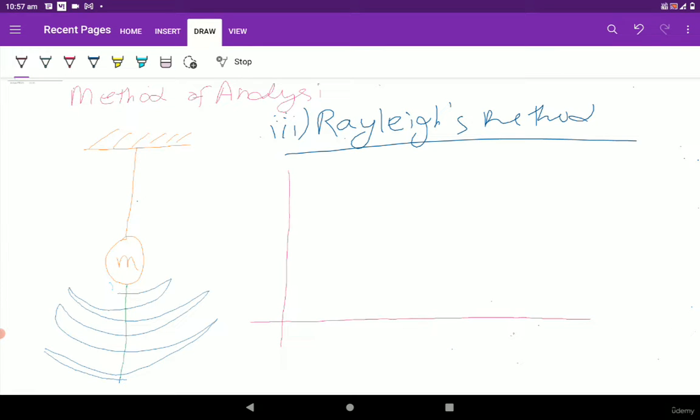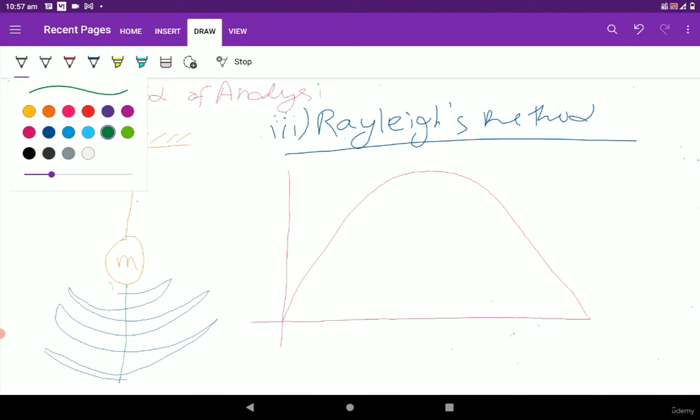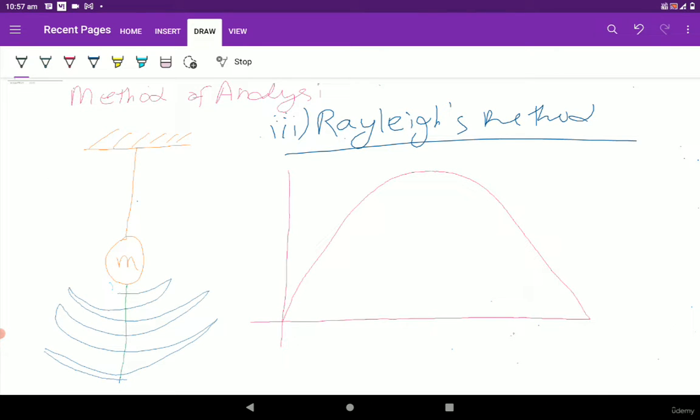For kinetic energy, the graph looks something like this, and for potential energy, the graph looks something like this. This point is the extreme position, this is the mean position, and this is also an extreme position.